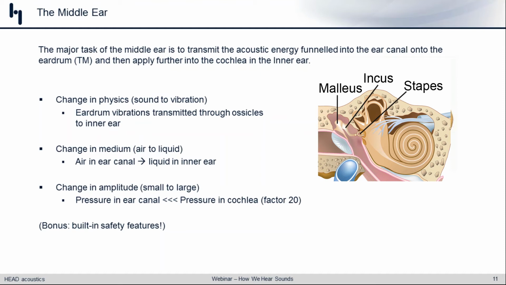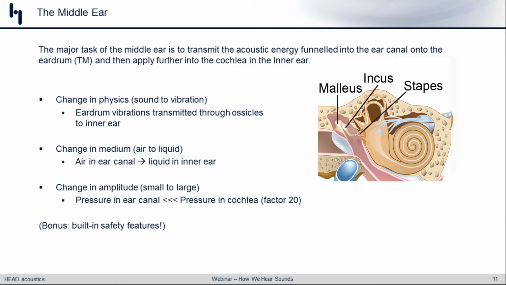And so what we see here is there's a couple things. Number one is there's a change in physics. We go from vibrations or sound or pressure in air to vibration inside the cochlea. We go through a change in medium. Our ear canals are filled with air, whereas our cochlea, this snail-type organ, is actually filled with liquid.